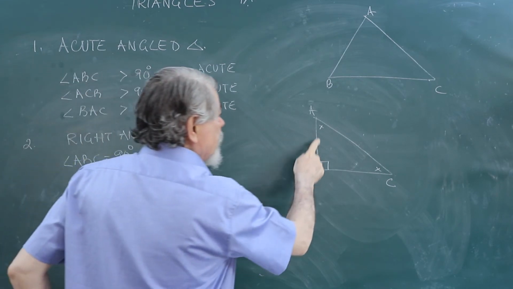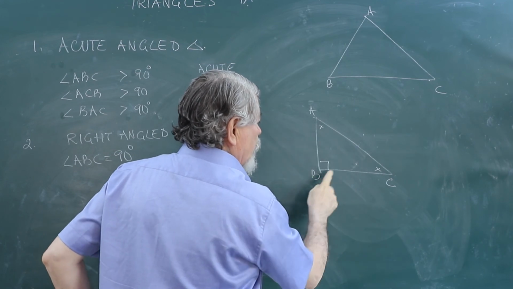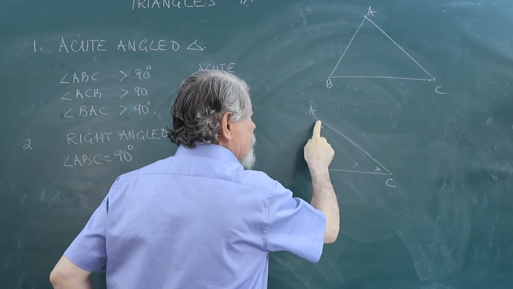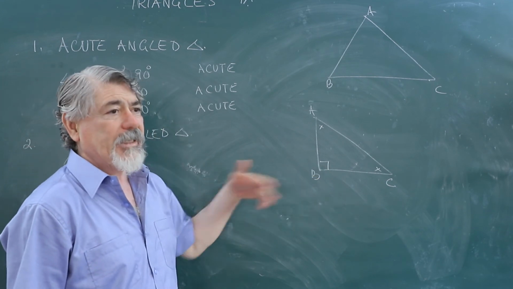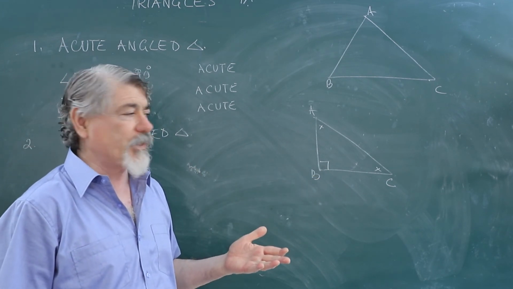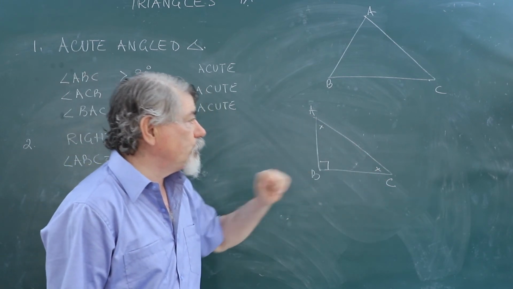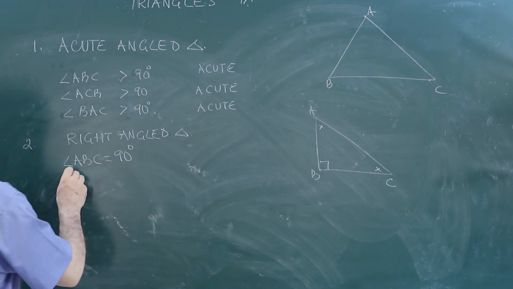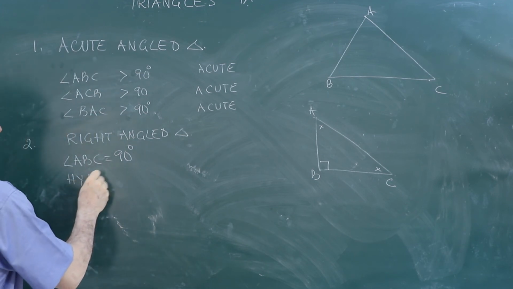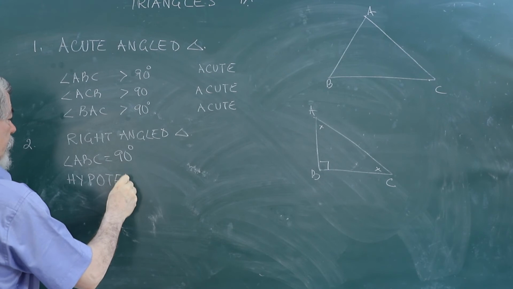And in this, the biggest side is AC. The side opposite to 90 is called the biggest side. Angle 90 is the biggest angle in this triangle, and this side opposite to 90 is called the hypotenuse.